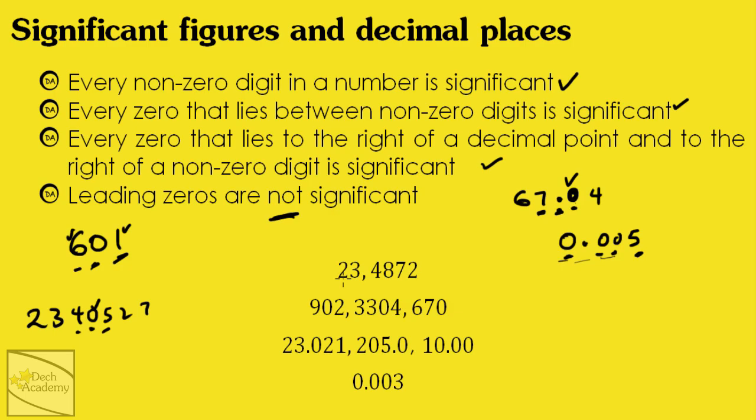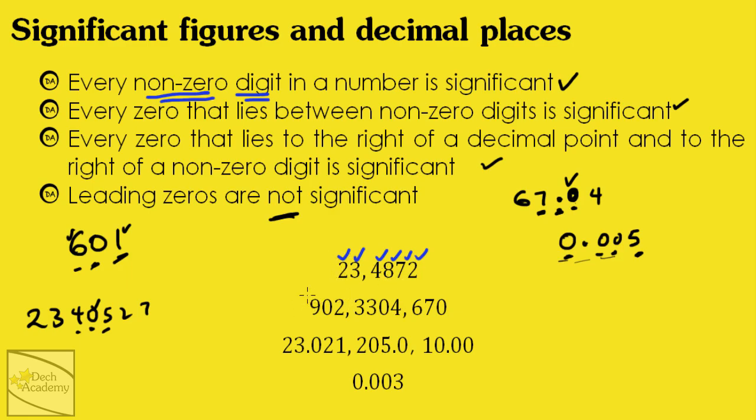So here are some numbers, and I'm going to let you know which digits are significant and which digits aren't. In the number 23, 2 and 3 are significant because they are non-zero digits. In 4872, 4, 8, 7 and 2 are significant digits because they are non-zero.